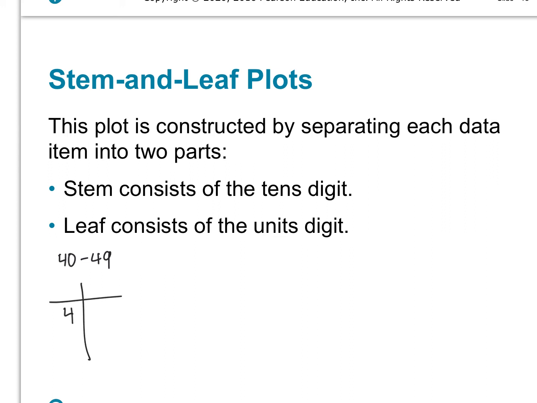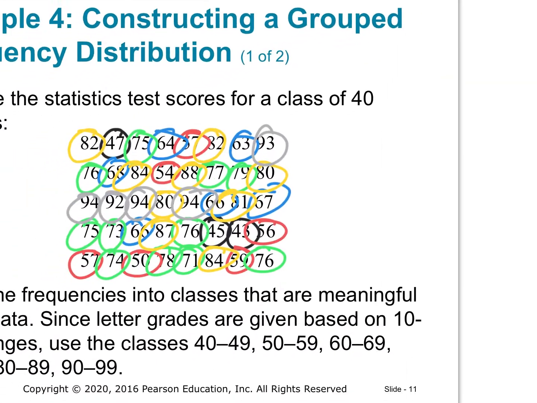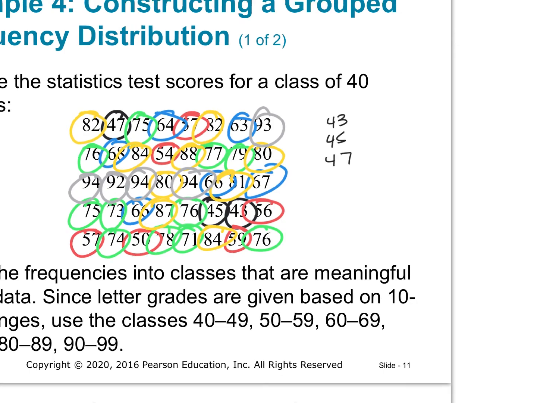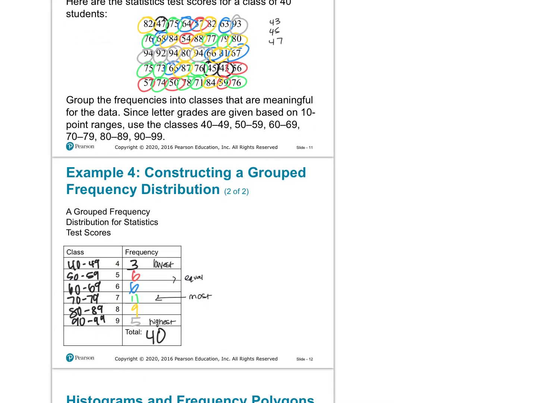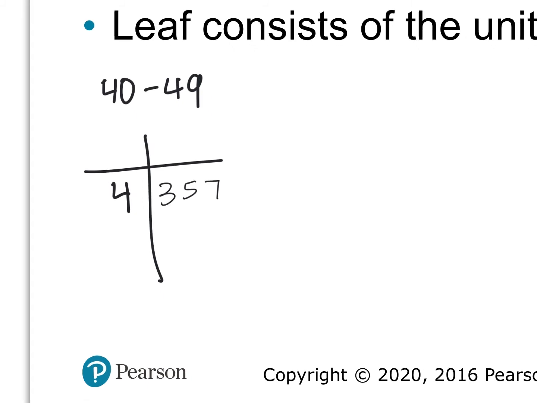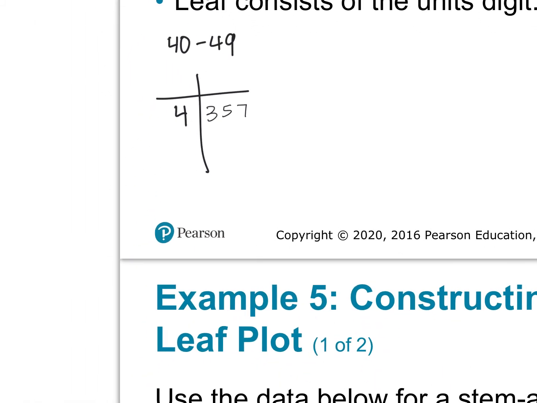And then you would do your numbers. Those were in black here. So we have 43, 45, 47. So we would have 3, 5, and 7. So this would be your stem and leaf.